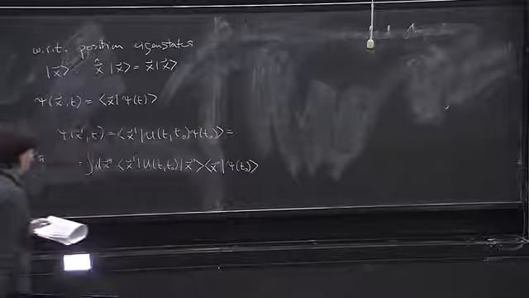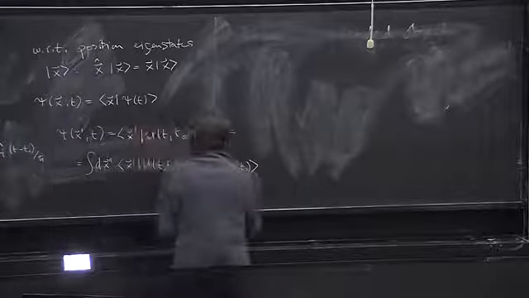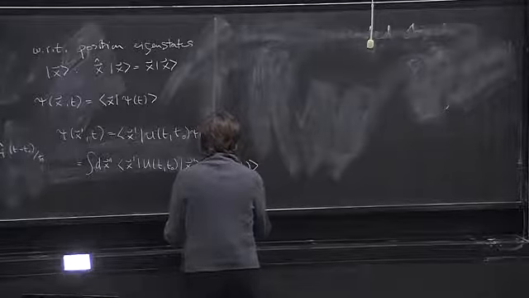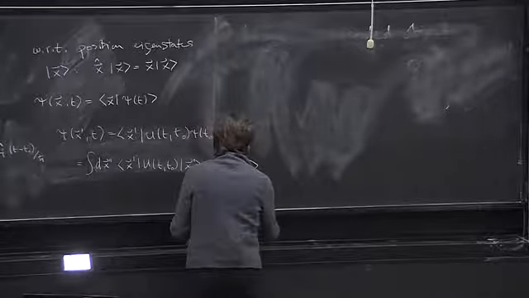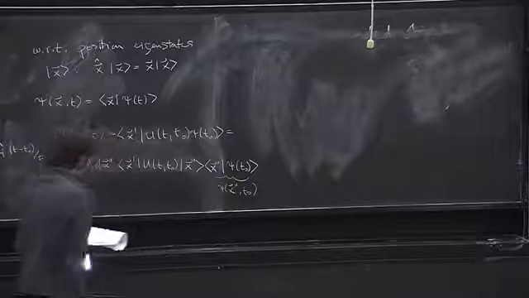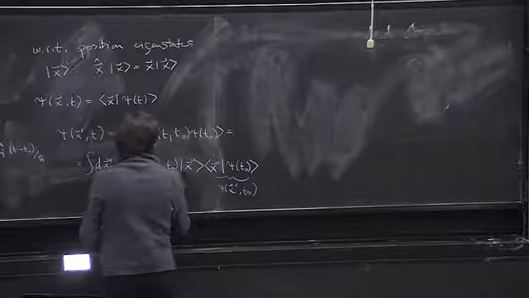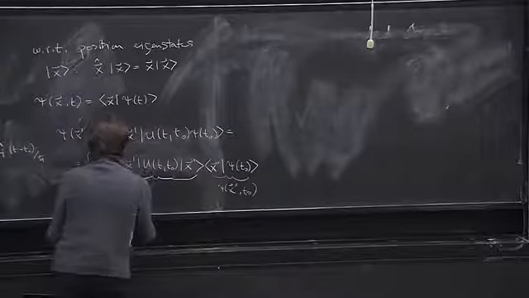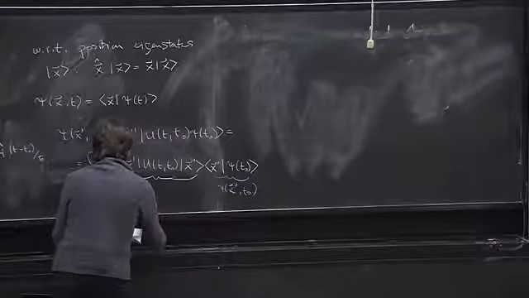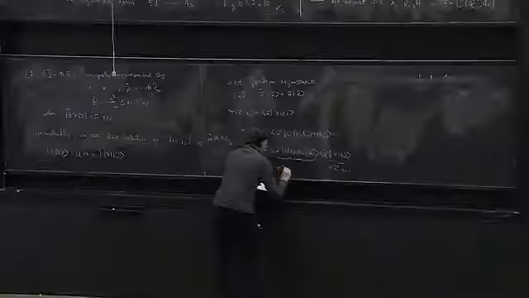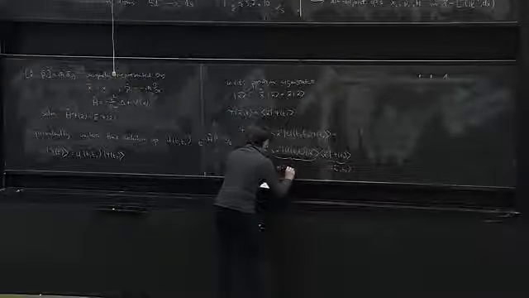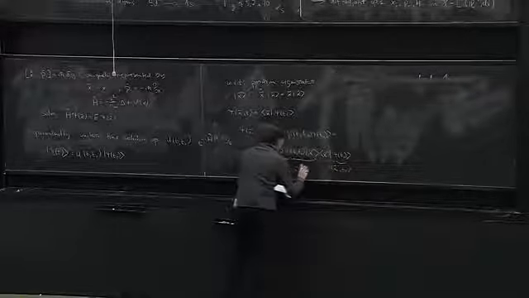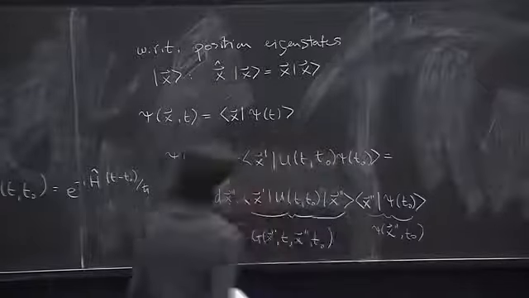Now, this thing here is, using my earlier notation, a wave function psi of x double prime at the initial time t0. And this here, by definition, is the object I am after. This is a so-called Feynman kernel or propagator. And it depends on x prime, t and x double prime and t naught.